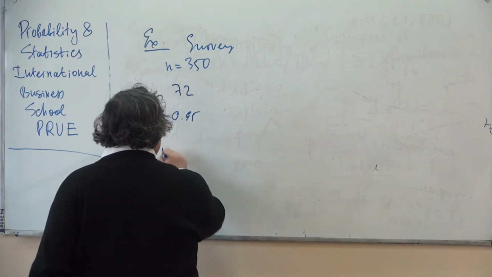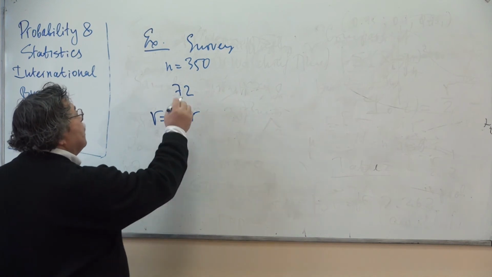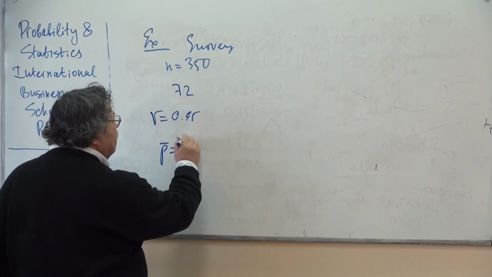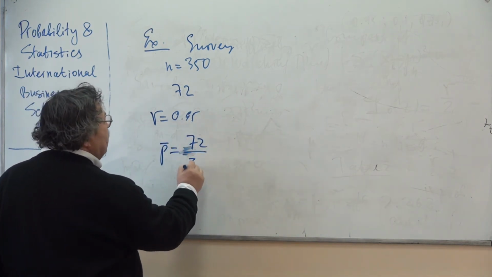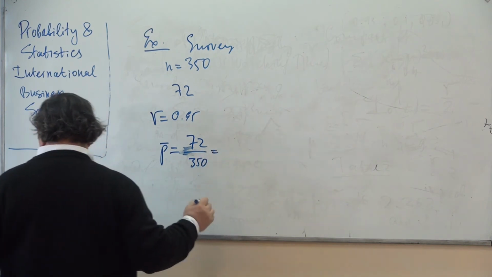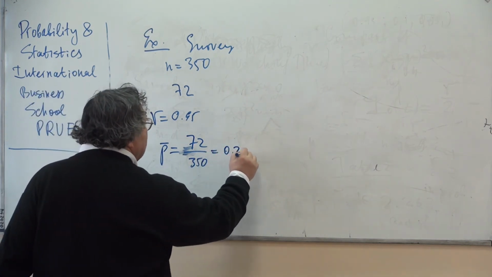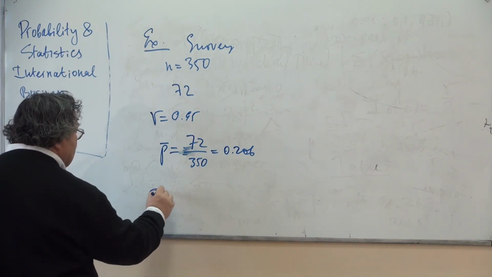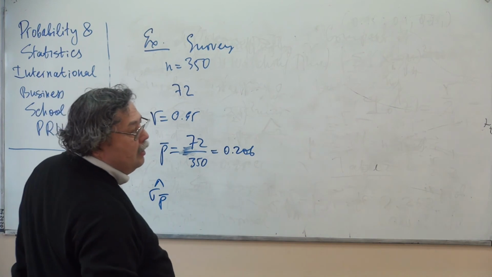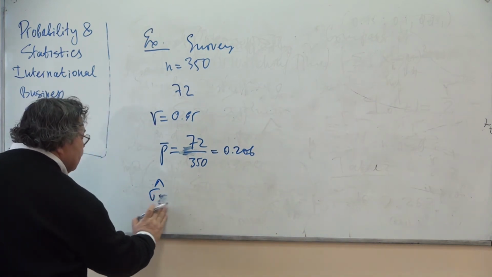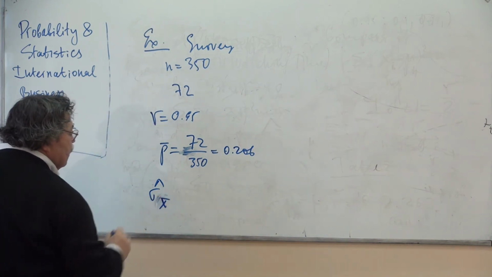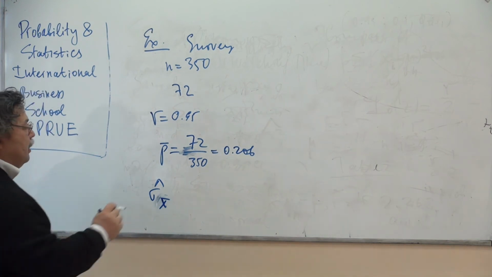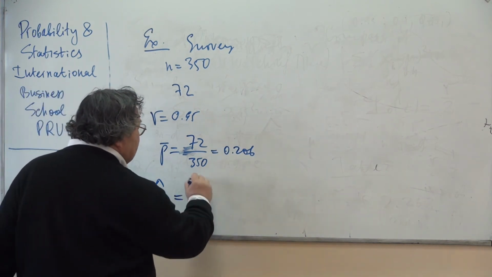All right, p bar, the sample proportion, is 72 over 350, and it's 0.206. And now, how did I write it there? Let's write it this way. This more general notation. Let's use it here.